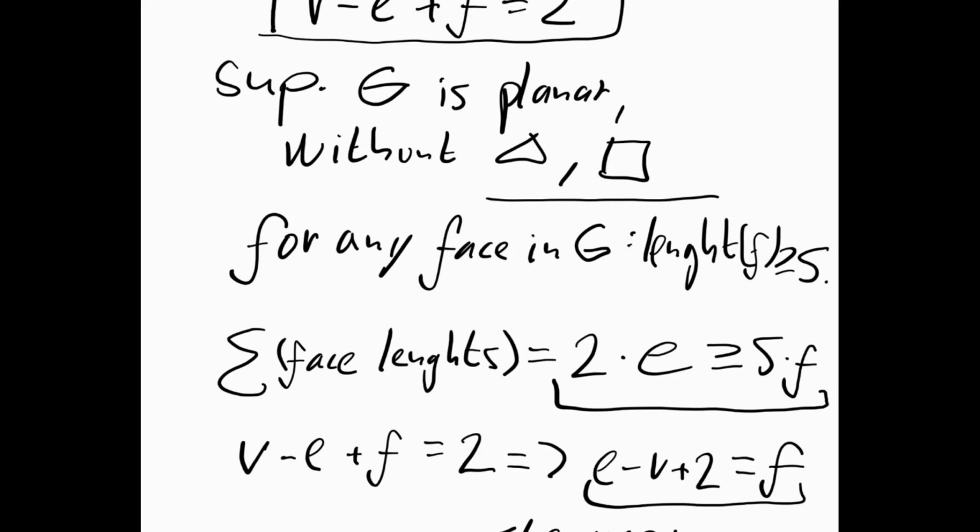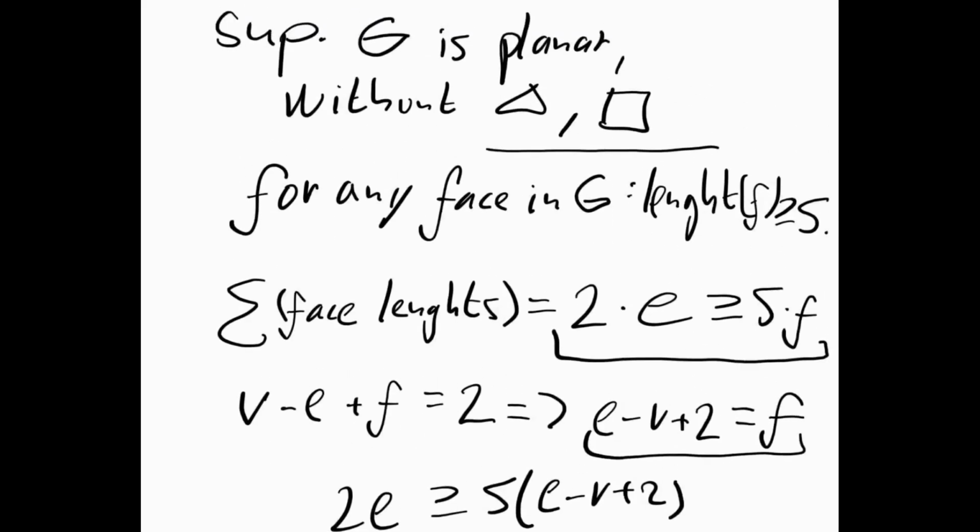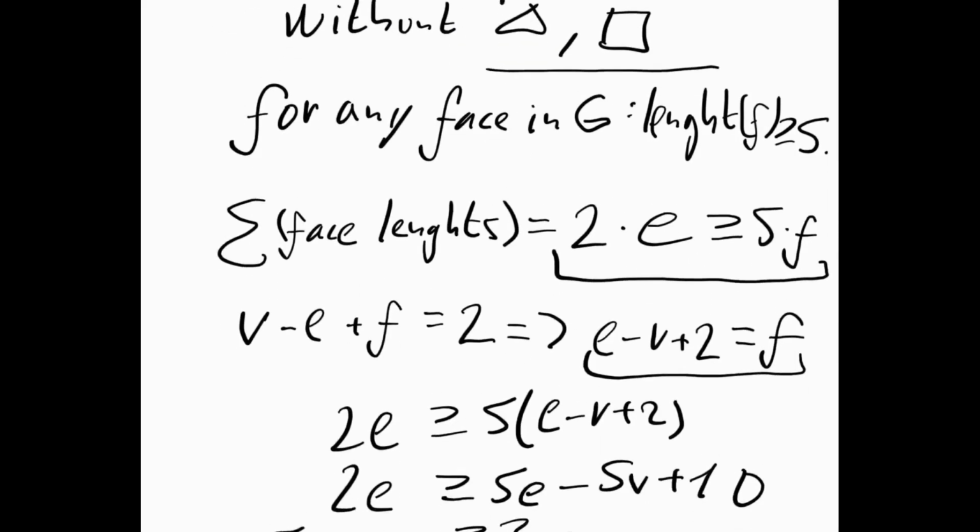But also because all faces are at least length 5, we know that 2 times E must be higher or equal to 5 times the number of faces. And so we could use that equation and put it into the Euler formula. And that directly yielded this inequality.